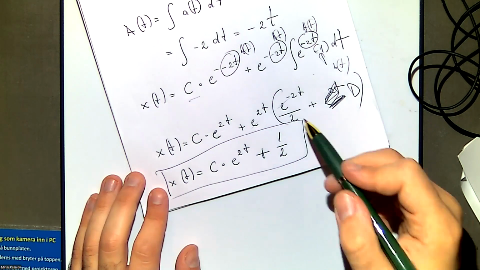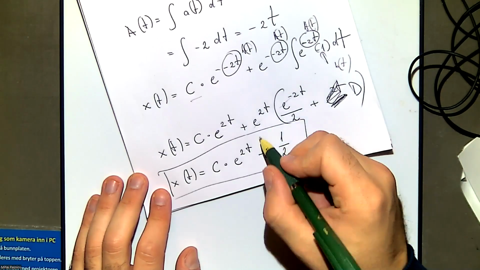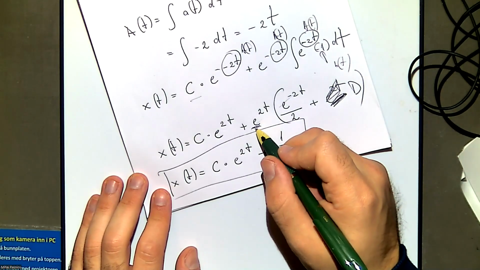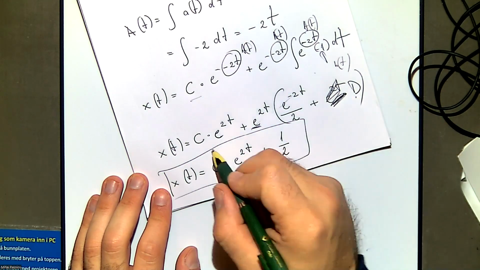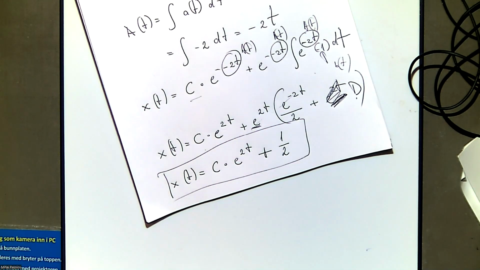And the idea is that when I open the parentheses, this e to the power of 2t times d, I have c plus e to the power of 2t here. So I'll just have e to the power of 2t times a sum of constants. That's why I don't need to put it there.